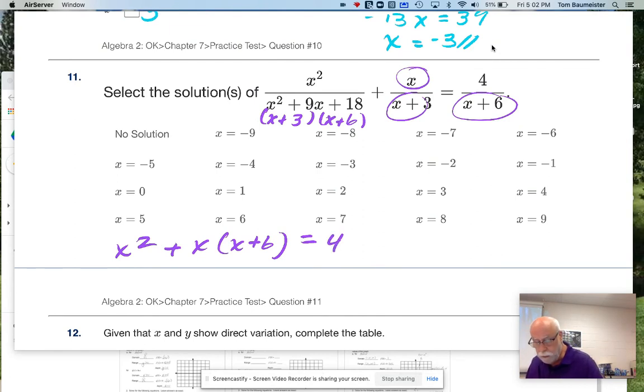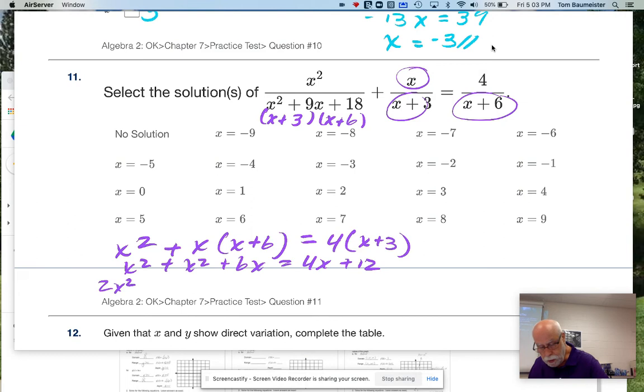So I know that I'm going to multiply it by x plus 3. Okay? So now let's see here. I'll have x squared plus 6x is equal to 4x plus 12. I'll have 2x squared plus 6x is equal to 4x plus 12.